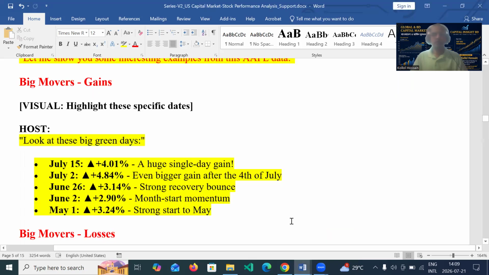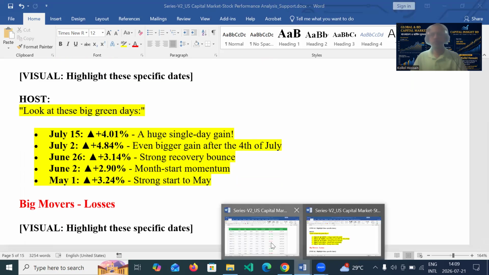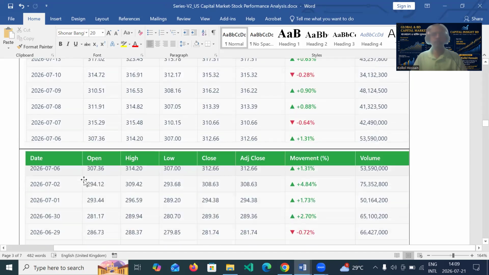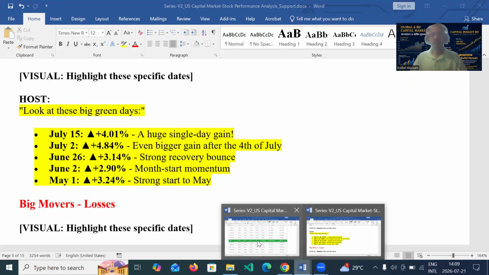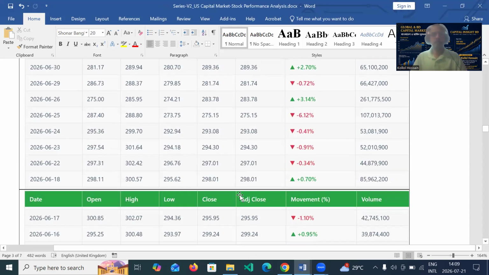Then July 2, 4.84% up. Then June 26, plus 3.14% up.